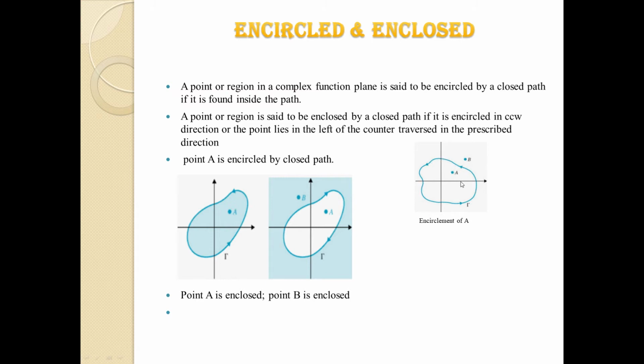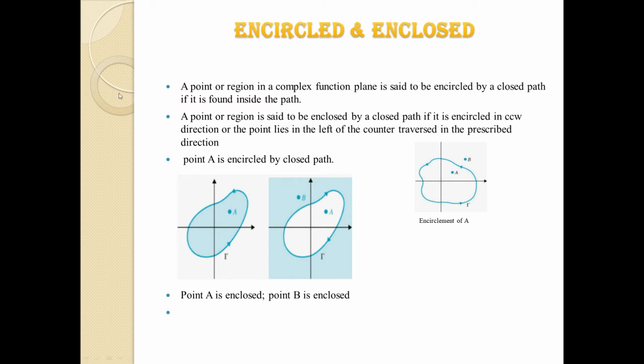So we can say that the point A is encircled by the closed path, whereas point B is outside of this path tau. So the point B is not encircled by the given closed path.